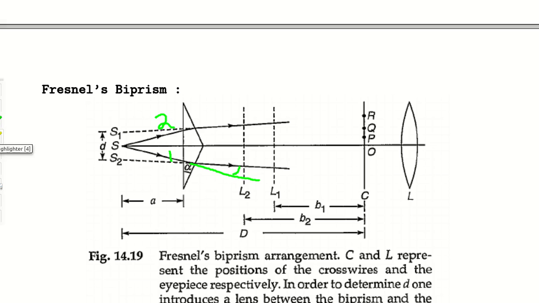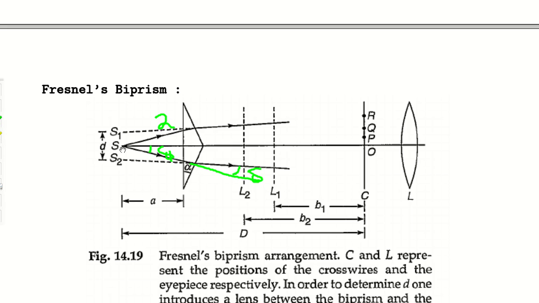So the opposite angle will be equal, and this will again be the angle of deviation. If you call this angle of deviation delta, then the same angle of deviation will be here. So delta will be the angle of deviation. This is delta, and this is another delta.